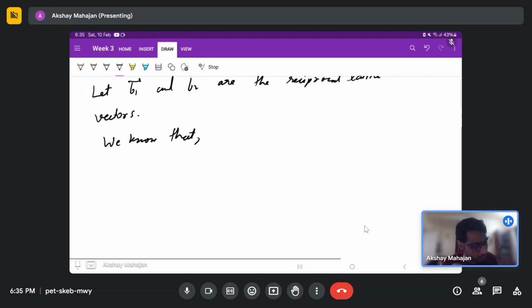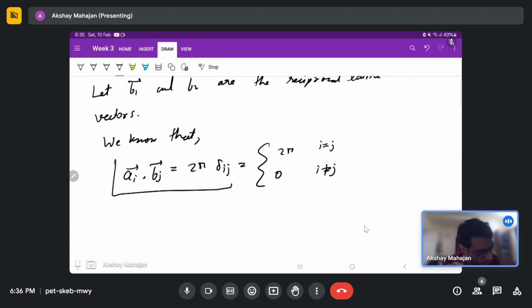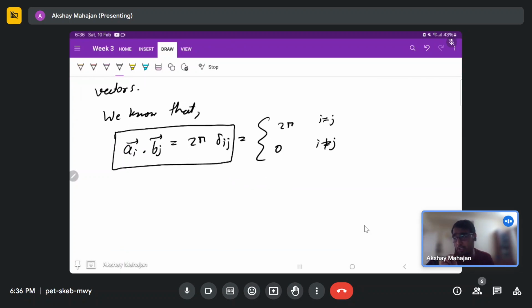But for this problem, we will just solve it using the relation that ai vector dot bj vector is equal to 2π times δij, which gives us 2π for i equal to j and 0 for i not equal to j. This you should always remember: for the primitive lattice vectors and the reciprocal lattice vectors, the relation is ai dot bj is 2π times δij.